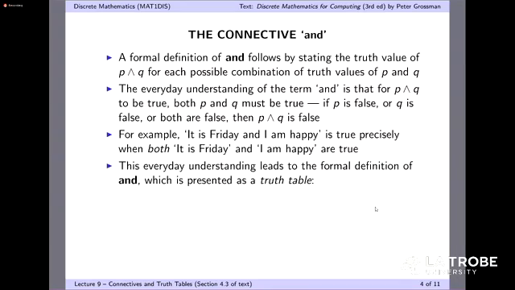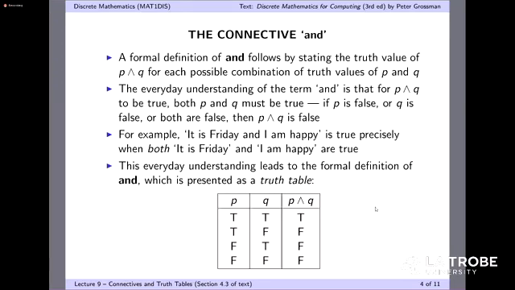This everyday understanding leads to the formal definition of AND, presented in this truth table. If proposition P is true and Q is true, then if you put AND between, it is true. Put that into this example context: it is Friday and I am happy. That can only happen if it is Friday and you are happy.